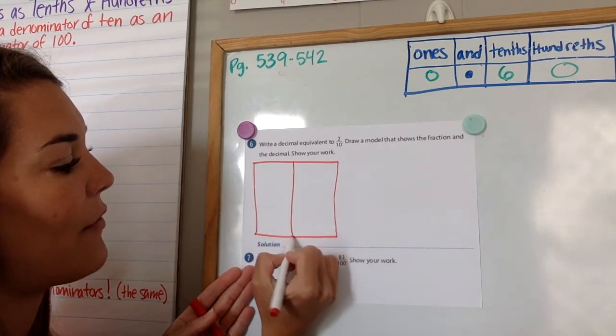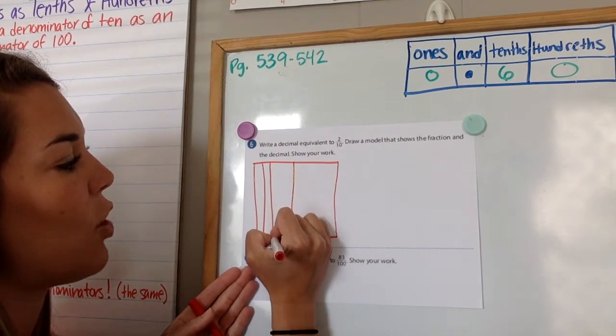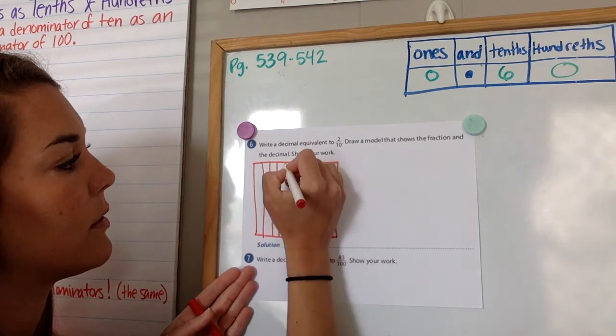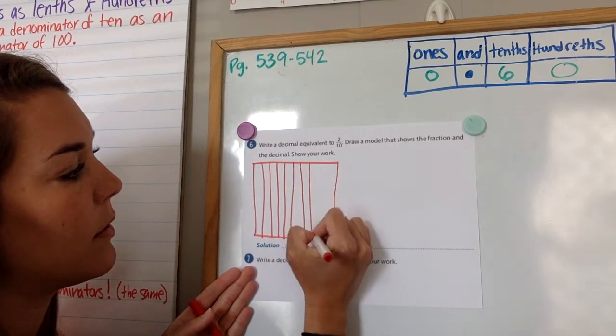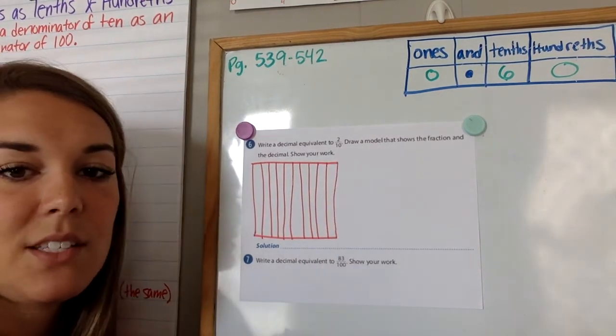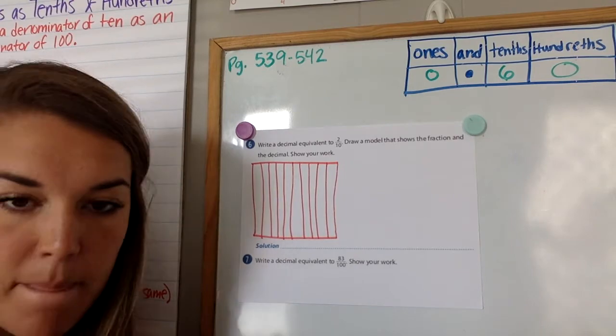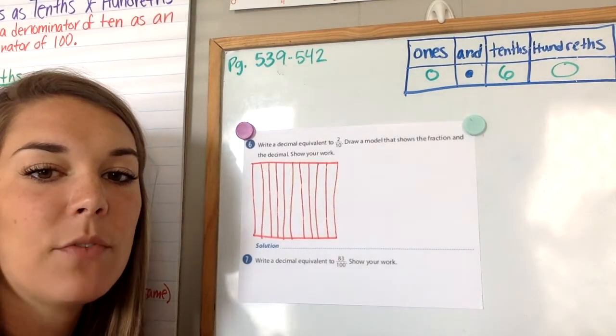So I'm going to divide it in half, and I'm going to divide each of these into 5. It's going to be kind of tough to draw, but just try your best, guys. Okay, so that's 10, right? And now how many of these do we need to shade in? How many out of 10? 2.